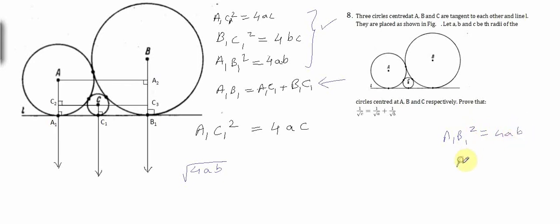So A1 B1 is equal to plus or minus under root 4AB. We ignore the negative sign because the lengths are positive. So under root 4AB is equal to A1 C1, which is under root 4AC, plus B1 C1, which is under root 4BC.